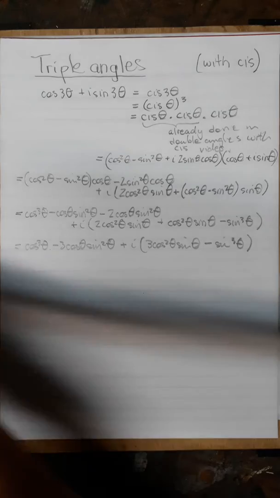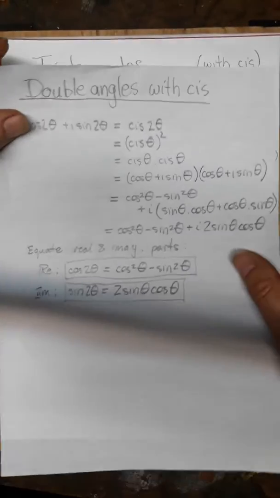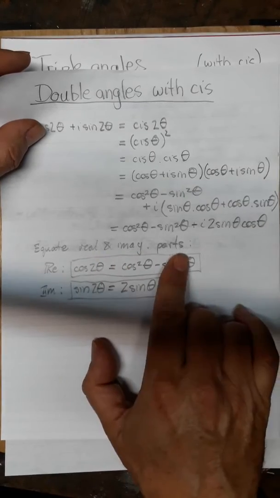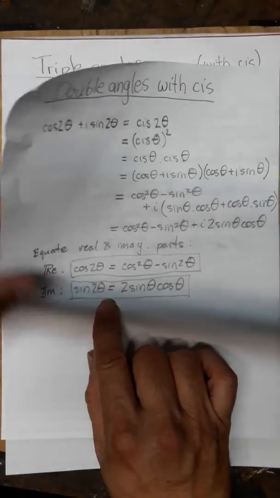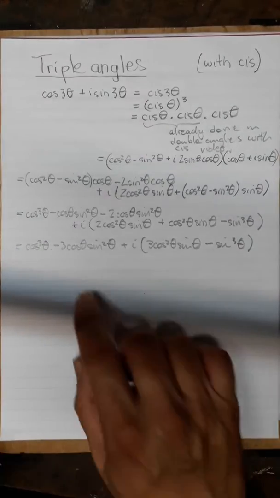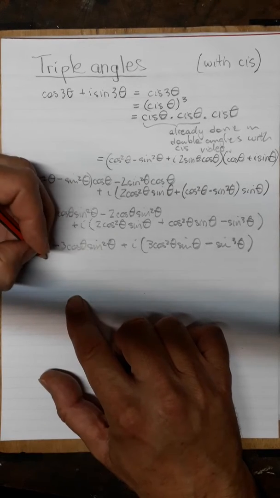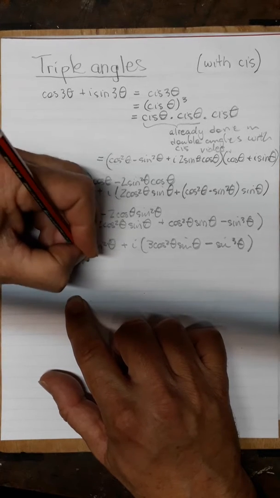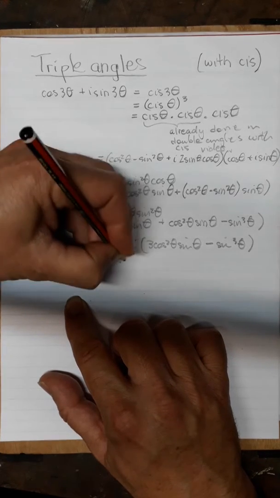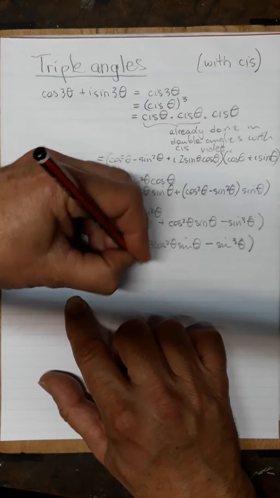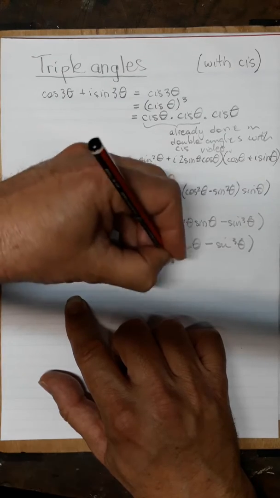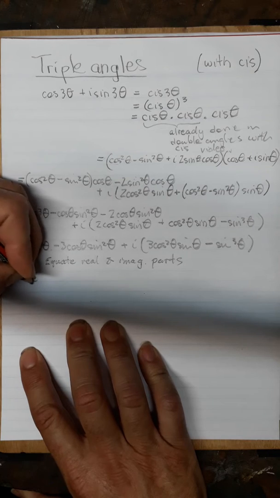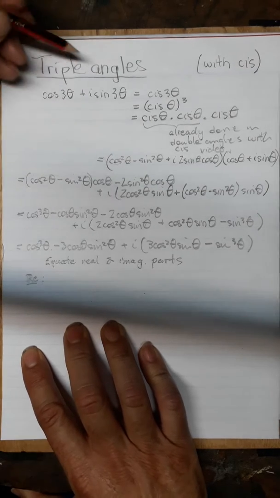Let's just go back to the double angles using cis. We equated the real and imaginary parts and got 2 lovely equations. Let's do the same. So we will equate real and imaginary parts. For the real part, what have we got?